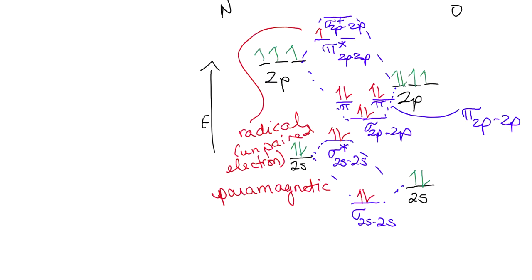And this occurs because you have an unpaired electron. Diamagnetic means that all of your electrons are paired. So paramagnetic, again, your substance is attracted to a magnetic field.